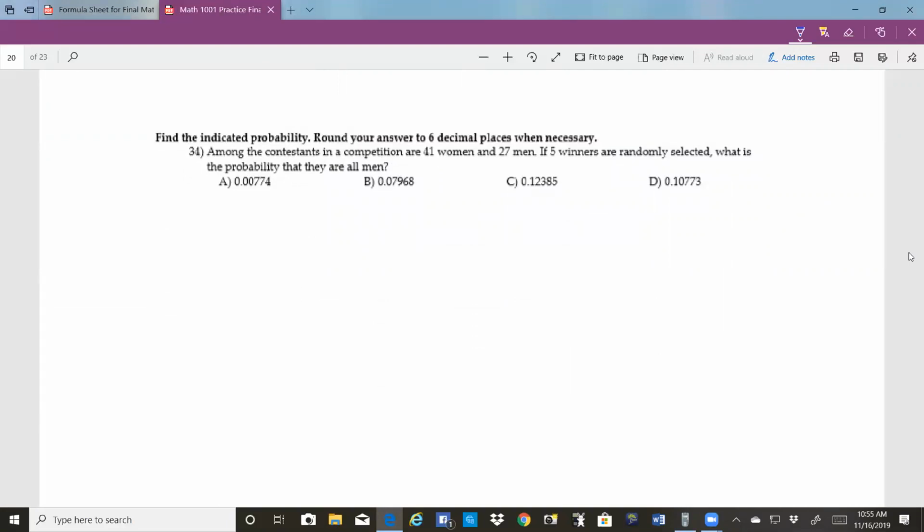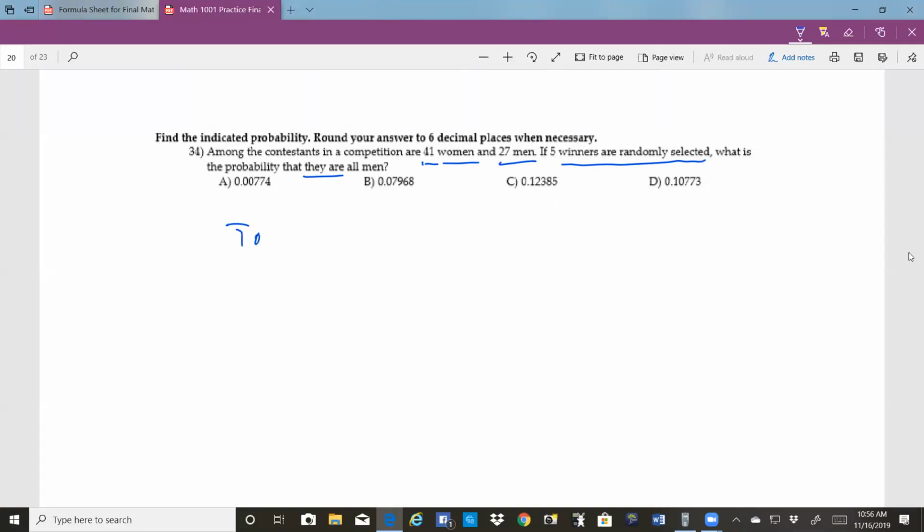Now, among the contestants in a competition are 41 women and 27 men. If 5 winners are randomly selected, what is the probability that all will be men? Well, first of all, we need to know the total ways to select 5 out of 68.